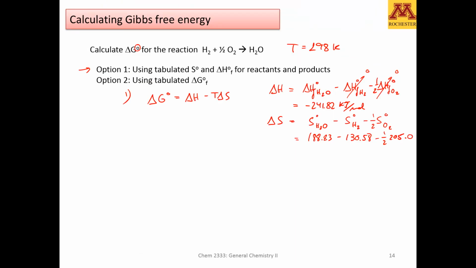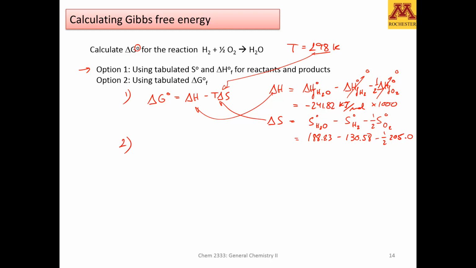Okay, so notice that these will be numbers. Careful that you will need to multiply the enthalpy by 1,000 so that it's also in joules, so one can just substitute this in here. The temperature is 298, and there you go. You have calculated the change in Gibbs free energy for this reaction.